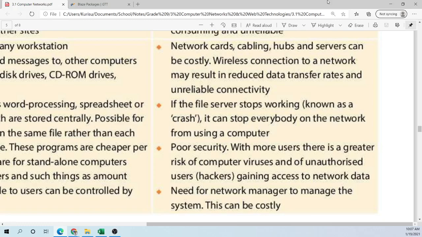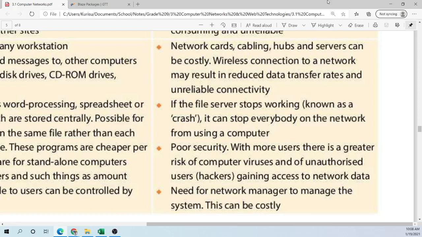So the first disadvantage, the cost. You need to pay for network cards, you need to pay for cables, switch, routers, server, all of those things. And it will add up. It will cost you a lot. Even when you're setting up wireless connections, the disadvantage is that you will have slower transfer speed or slower transfer rates.